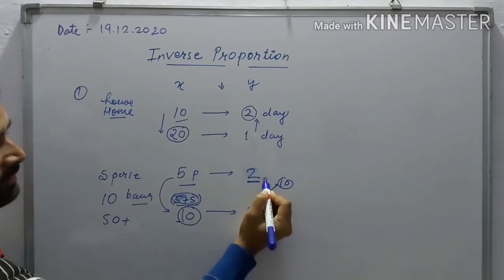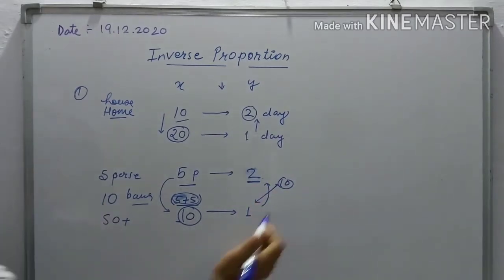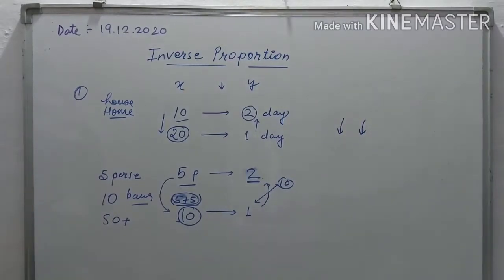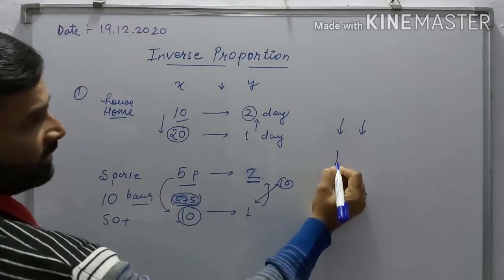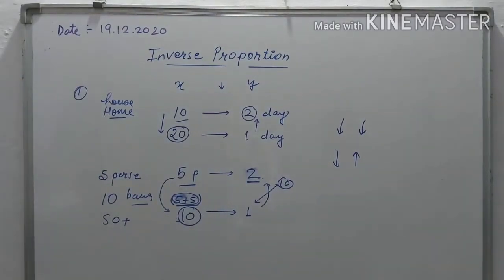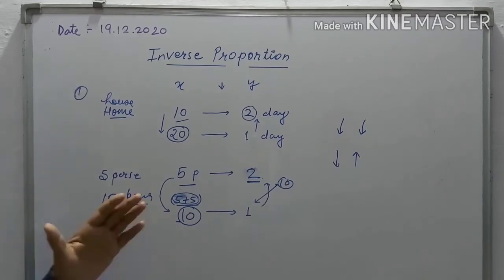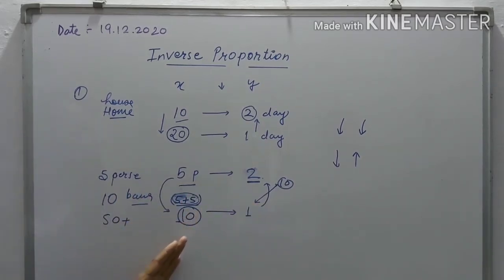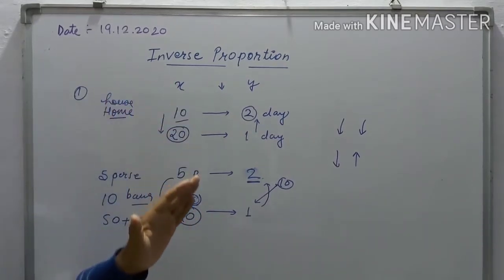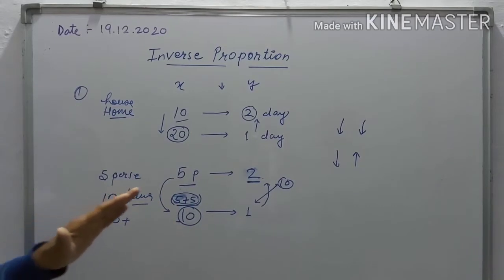In direct proportion both arrows go up, both increase, but in inverse proportion one increases and the second decreases. So for this type of question, first we read the question and understand whether both quantities increase, both decrease, or one increases and the second decreases. You understand direct and inverse proportions.